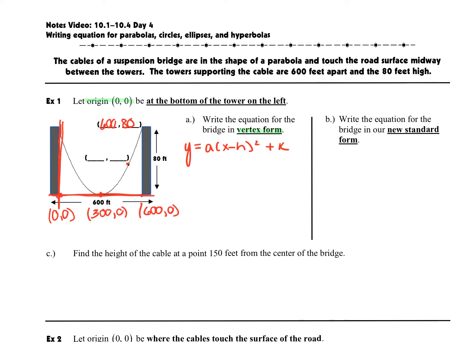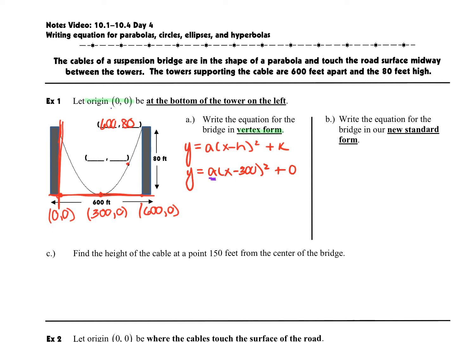We, of course, now know our vertex, so we can keep going. We're going to say y equals a, x minus 300 quantity squared, and that would be plus 0. Now, of course, you don't have to write the plus 0, but I'll go ahead and write it for us right now. Then the next step, we still need to solve for this a value.